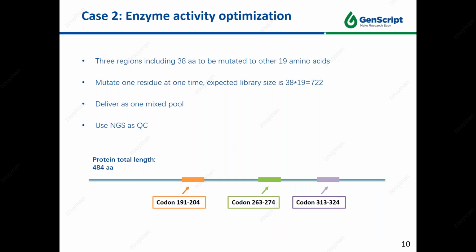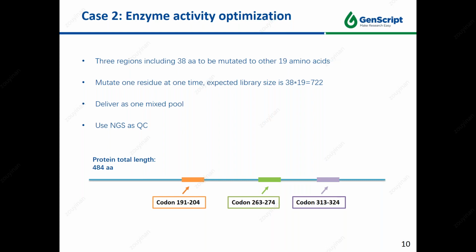These 38 residues were located in 3 clusters in the DNA sequence. For this project, the plan is to mutate each amino acid to the other 19 possibilities at one time. There will be 720 variants in the mixed library that we deliver.